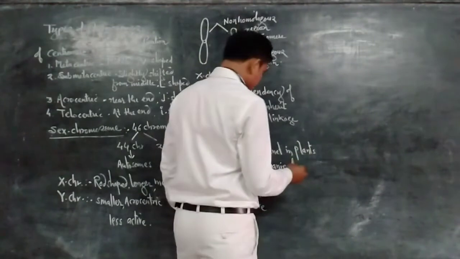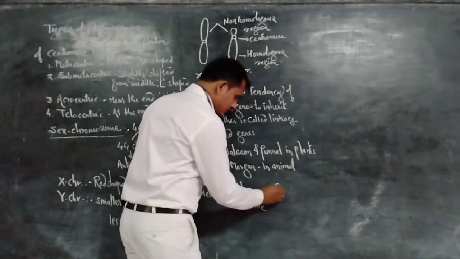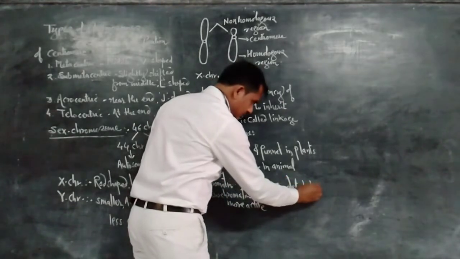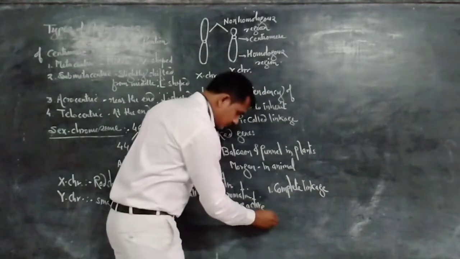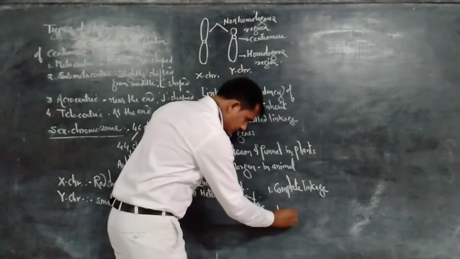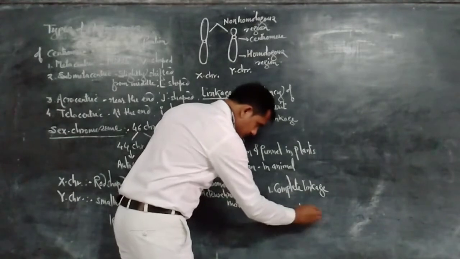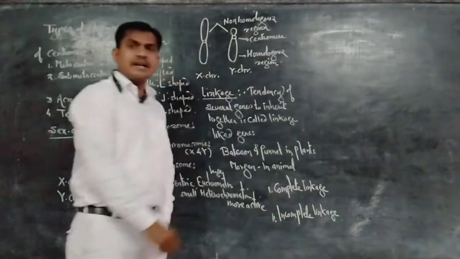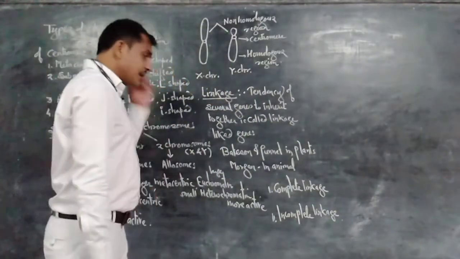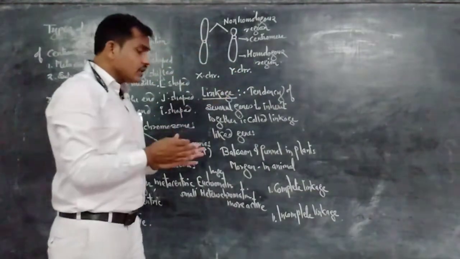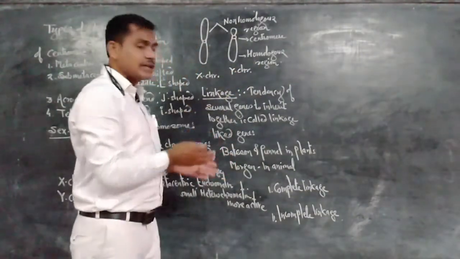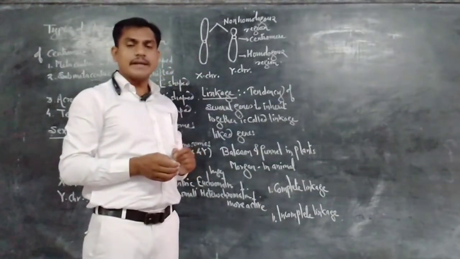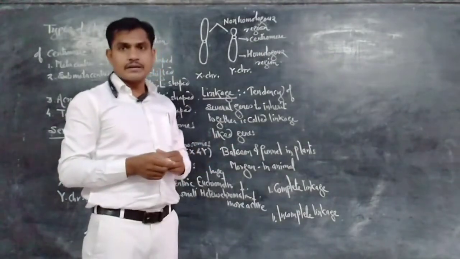In complete linkage, all the genes present in the linkage are inherited together from one generation to the next, from parents to offspring.